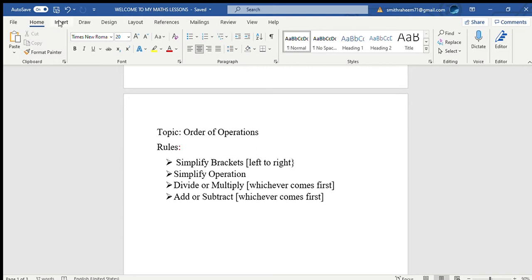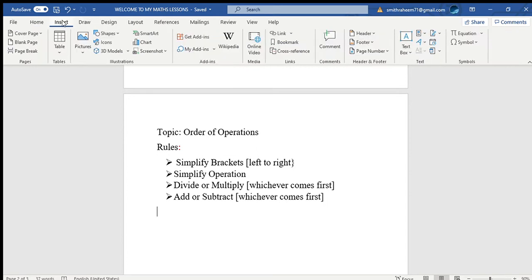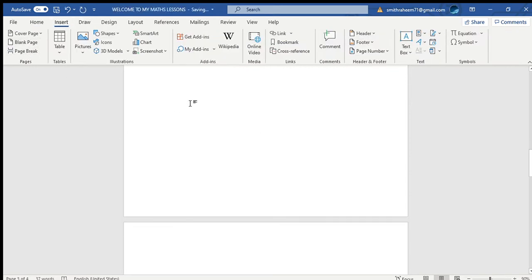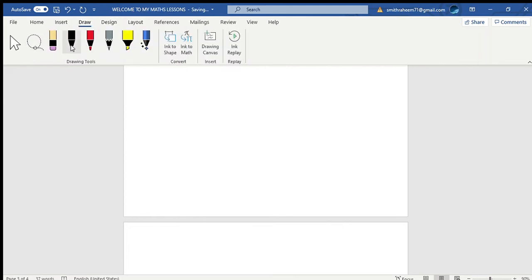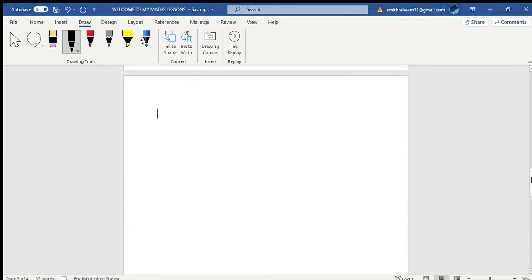Insert a new page. Alright, so we're at a blank page, and we're going to do some mathematical problems with the order of operations topic. So let's say you have an open bracket and you have 6 plus 4.